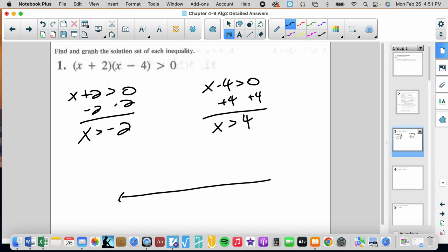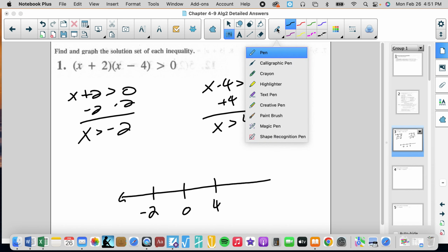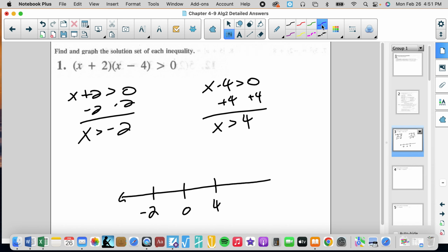So if we have negative 2, 0, 4, we'll do this one in blue. When x is equal to 4, that's going to be 0. To the right is going to be positive. To the left is going to be negative. It's going to produce a negative number.